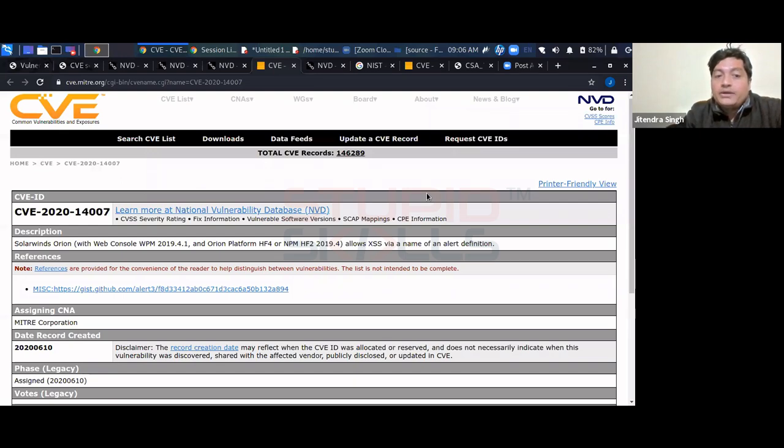So that was reported under CVE-2020-14007. And when a little bit of further research was done, they have a platform called Orion. So it helps them to manage performance of various devices and the systems on the network.